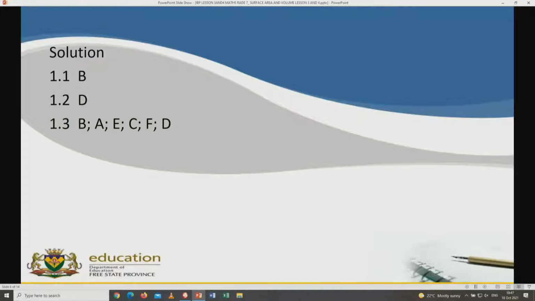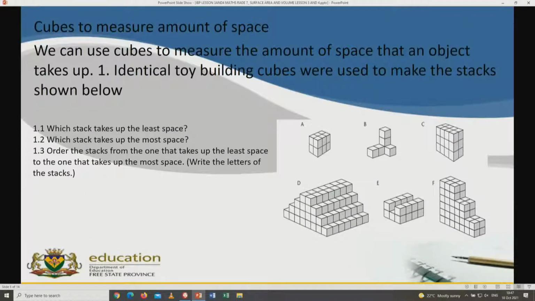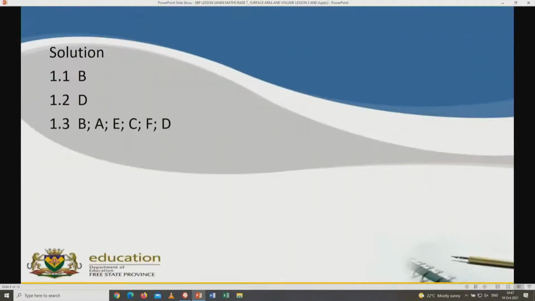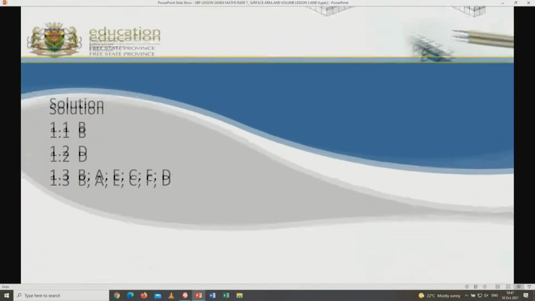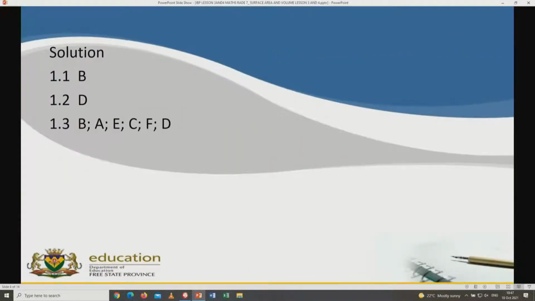So I said it's B that has the least, and therefore D has got the most, is taking up the most because of the cubes that are there, and therefore we now have to order them from the least to the one with the most space. Put that picture in mind.